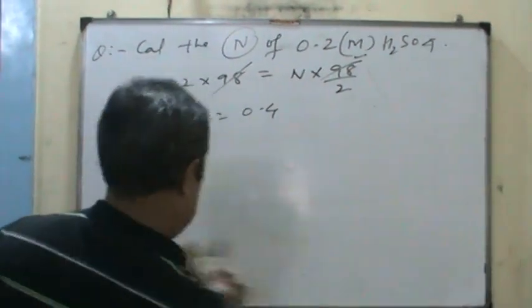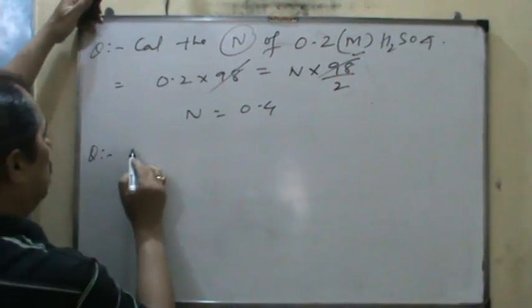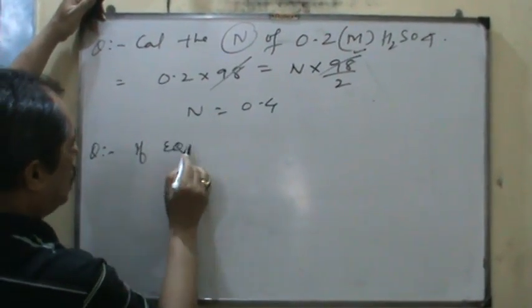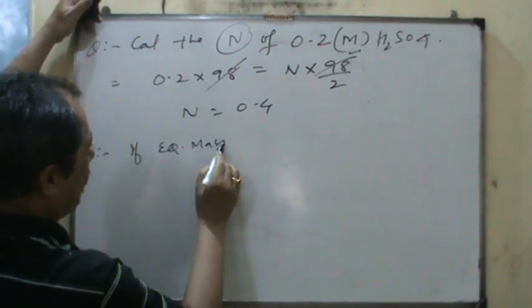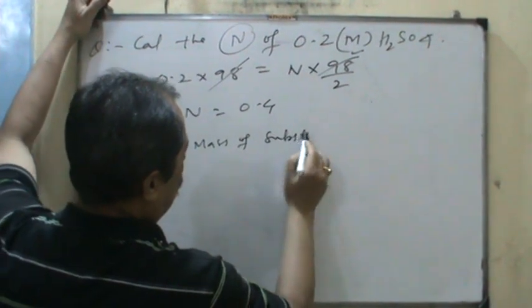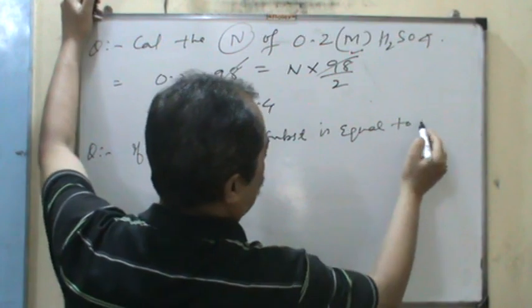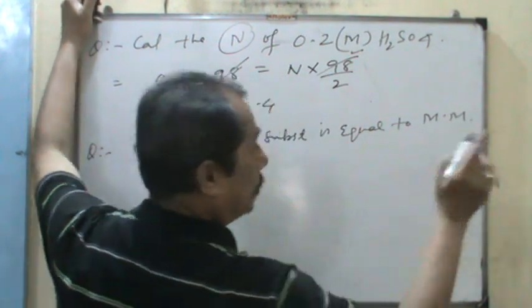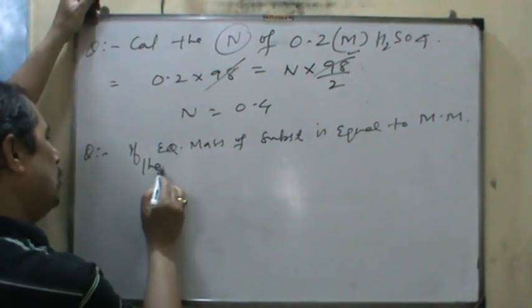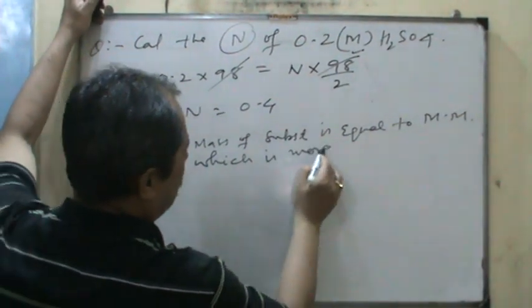Dear students, another question I can put here. If the equivalent mass of a substance, a solute, is equal to the molar mass of the solute, then which is more concentrated?